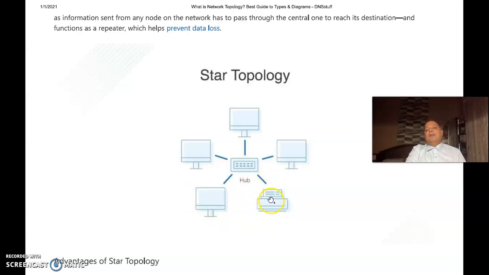Here you can see even a network printer is being connected to the network. And this particular arrangement is very useful because it ensures that there is minimal data loss. It prevents data loss, and that is the main feature of the star topology.